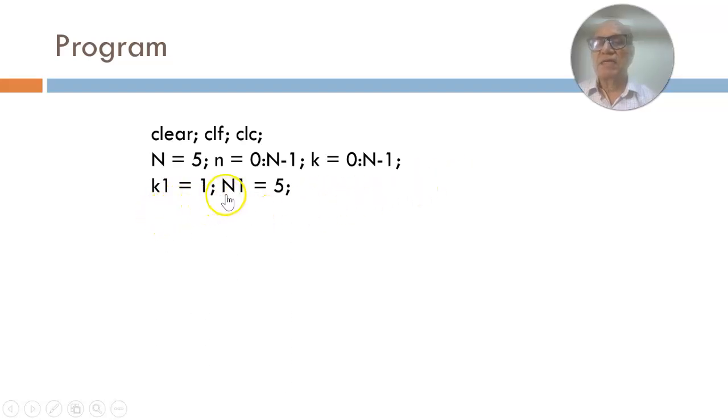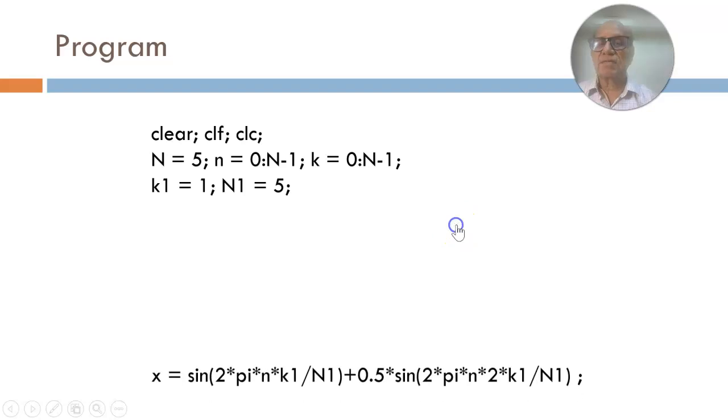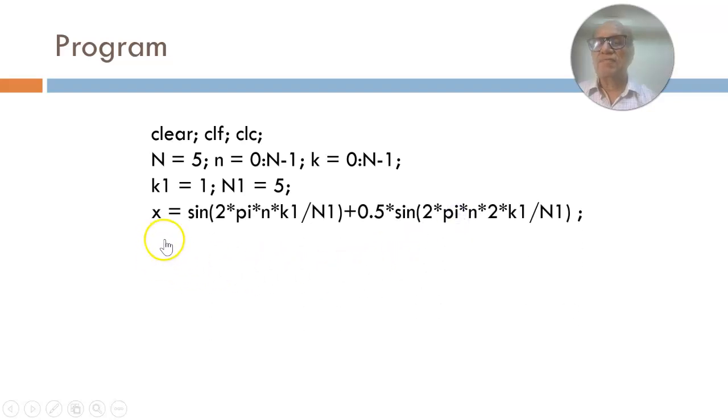Then you define the digital frequencies in the signal that you are going to generate. So let's say k1 equal to 1 and N1 equal to 5. So we have chosen this N equal to N1 itself in this particular case. And then you define your signal. So that is sine of 2 pi n k1 by N1. So there's 1 by 5, digital frequency 0.2 as we said.